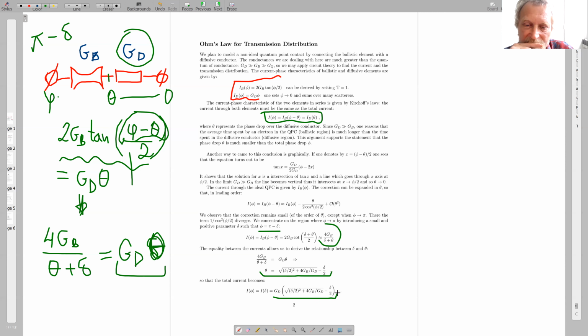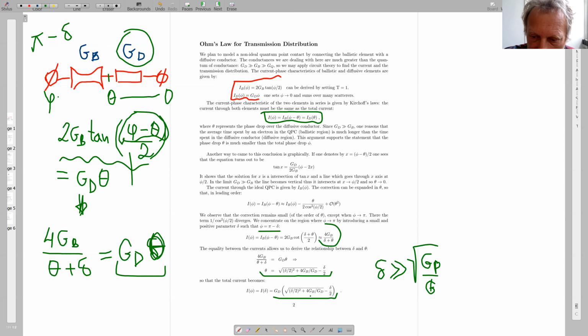And well, we can play a little bit with this expression. If delta is bigger than GD, two terms cancel each other. The square root is cancelled with the linear term, and the rest would be 1 over delta.